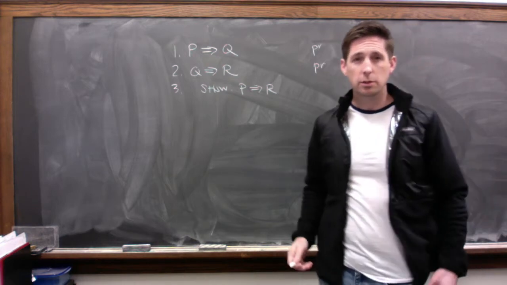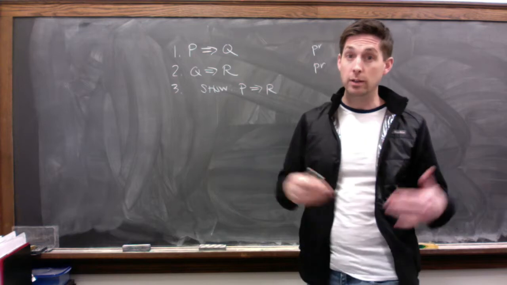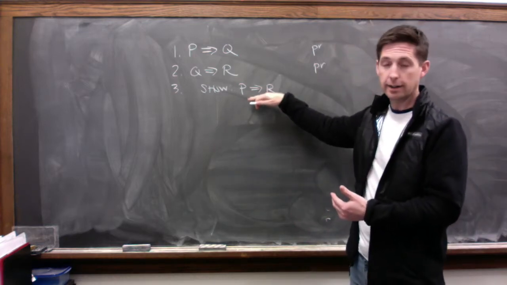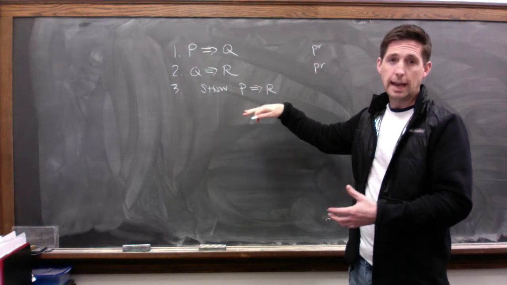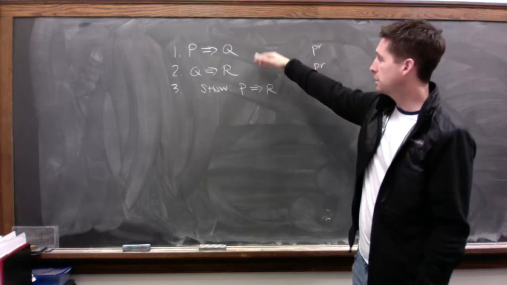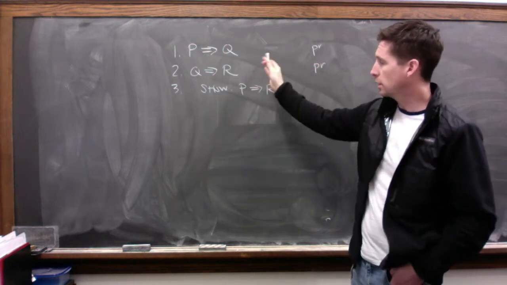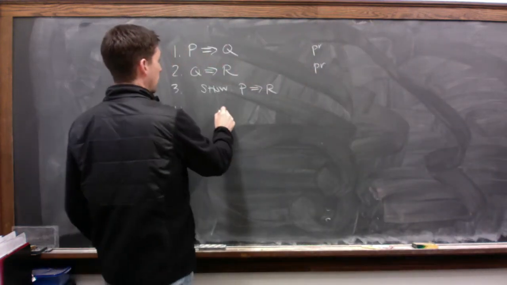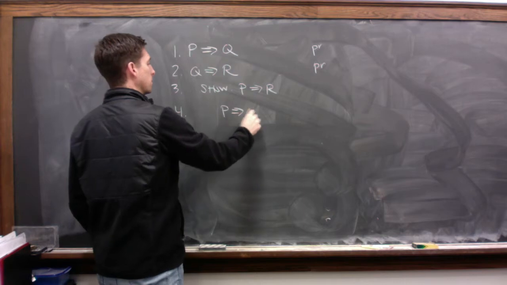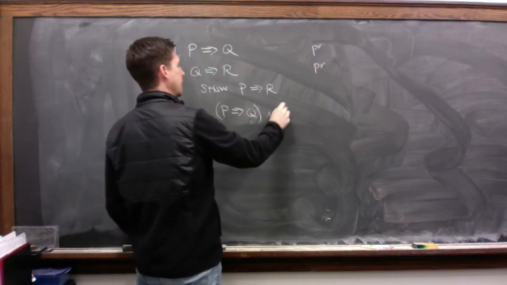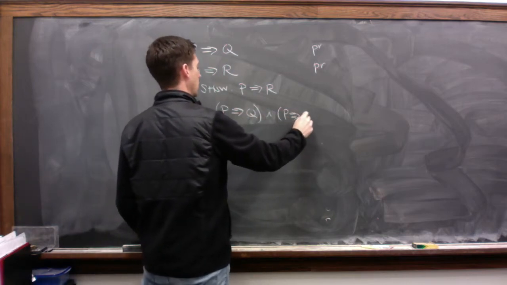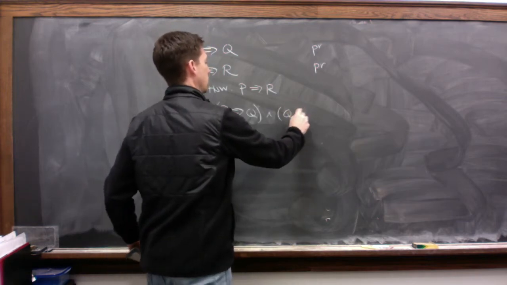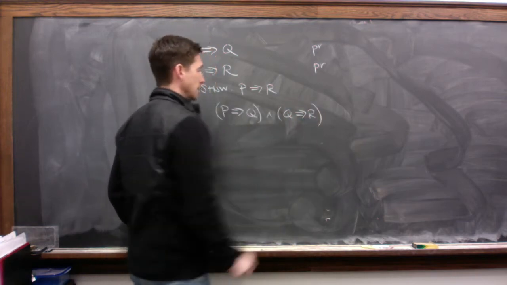So we can't break those down in any kind of way. Furthermore, you'll notice if you look through our rules, we don't have an arrow in rule, so there's not really an obvious way to introduce a formula that's got an arrow like this. And the only kinds of rules that even apply to our premises here are rules that aren't really going to help us. For instance, we could do this. This is permitted by our rules. P arrow Q and Q arrow R. That's permitted.